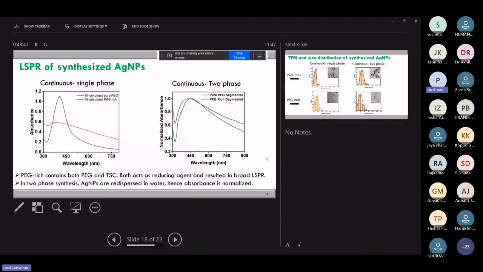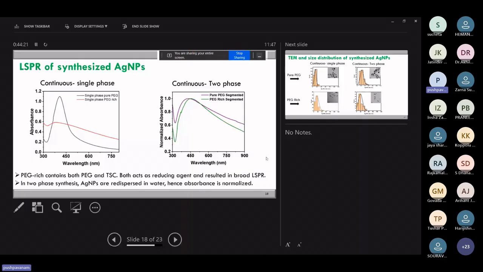This is basically a characterization of the nanoparticles. One way to characterize these nanoparticles is by using the LSPR spectrum. There are four curves here. The first two are for continuous single phase and continuous two phase. You see a peak at a wavelength of about 450.